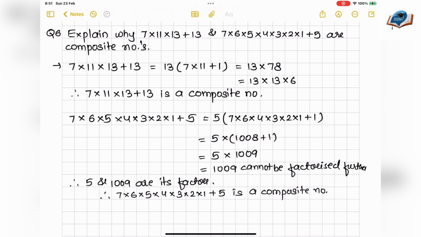So 2q square equals 4x square. So therefore q square equals 4x square upon 2, which is equal to 2x square. So therefore q square is an even number. Therefore q is also an even number.